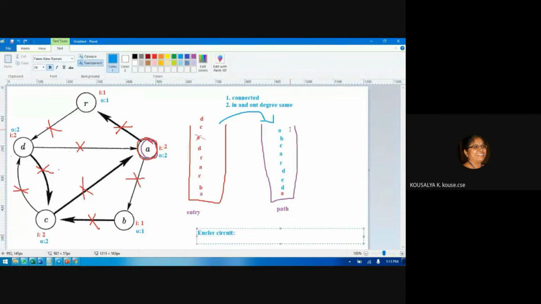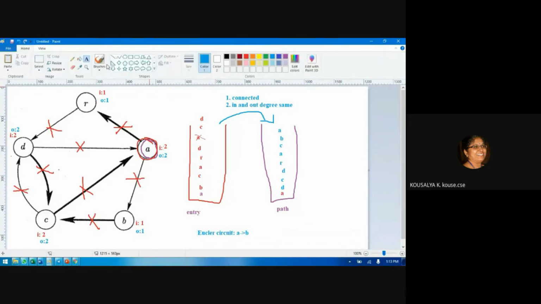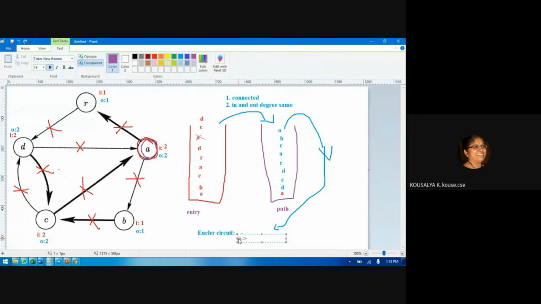Now I have to write A to B; I simply pop and write all the values here. So that means I write A to B, B to C, C to A.